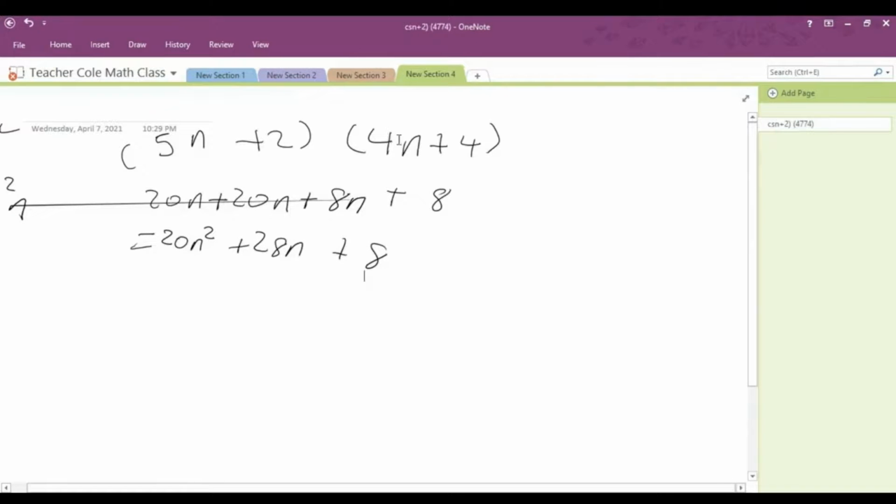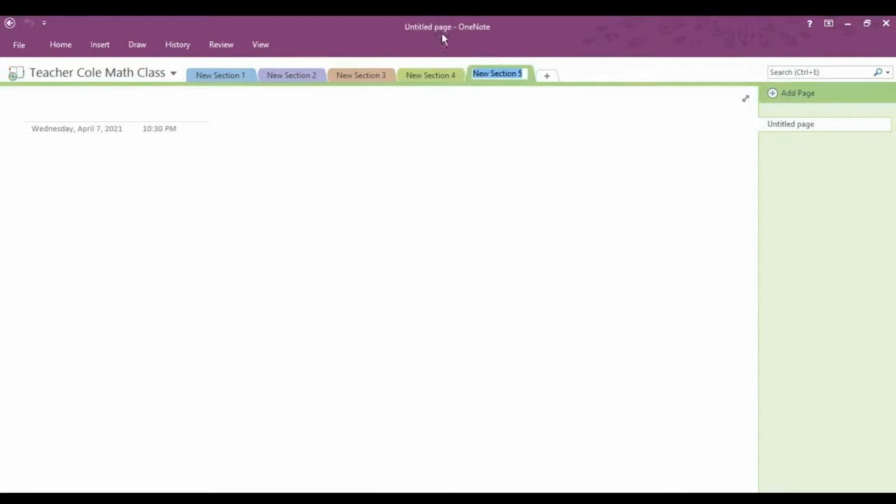Alright, so we're going to move on to the fifth question now. Our fifth question is a similar one, and after a while, these take practice, so you will start getting a hang of how they work. So bracket 4z minus 2 being multiplied by 3z plus 3.